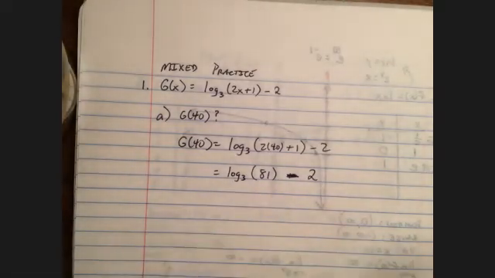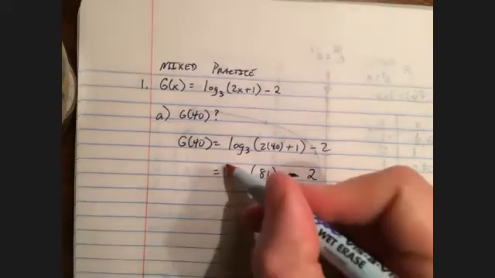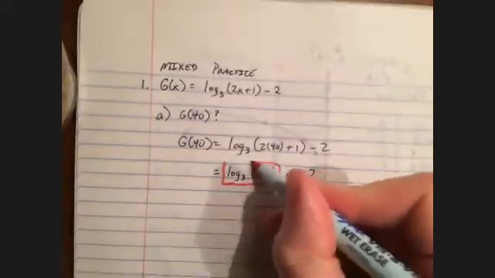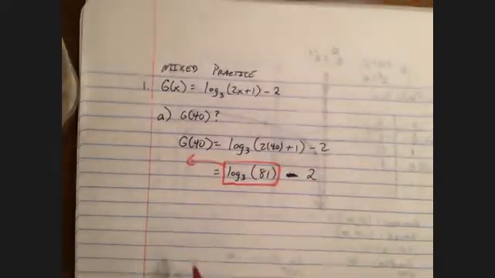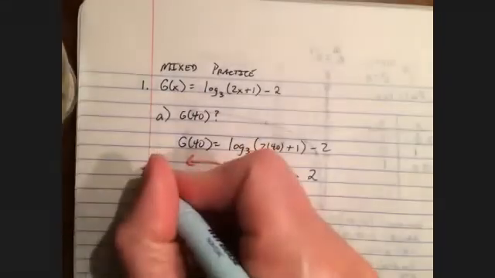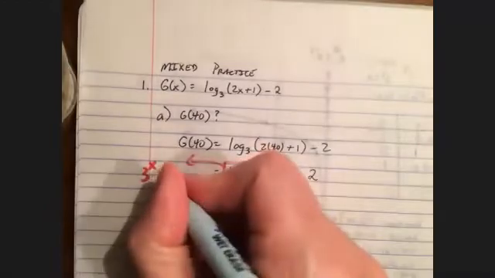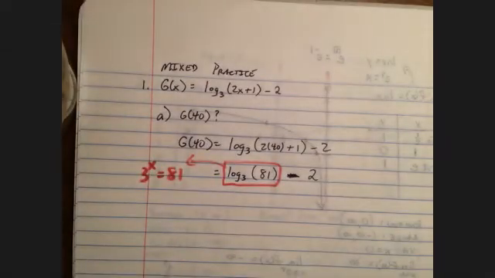So remember, this portion right here, this log base 3 of 81, right, let me go here to the side, we're saying that 3 to some power, we'll just call it x for right now, 3 to the power of x is equal to 81. Well, 3 squared is 9, 3 to the third is 27, 3 to the fourth is 81.